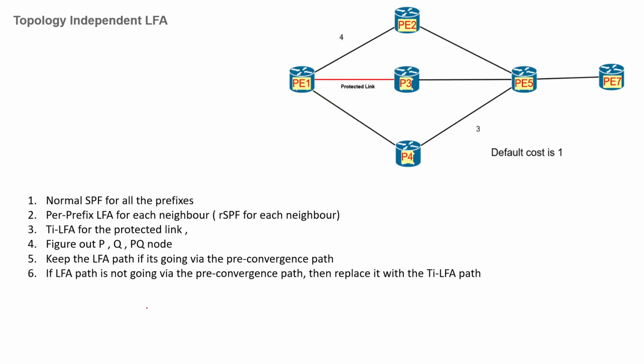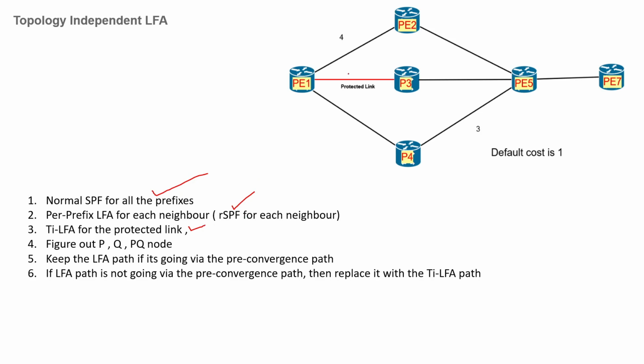So these are the general steps. First, router is going to run the SPF for all the prefixes, that is using the RSVP for each neighbor. Once that is finished, router is going to start the Ti-LFA for the protected links. So it will see which algorithm the router needs to use, whether it is link, link and node, or link node SRLG.